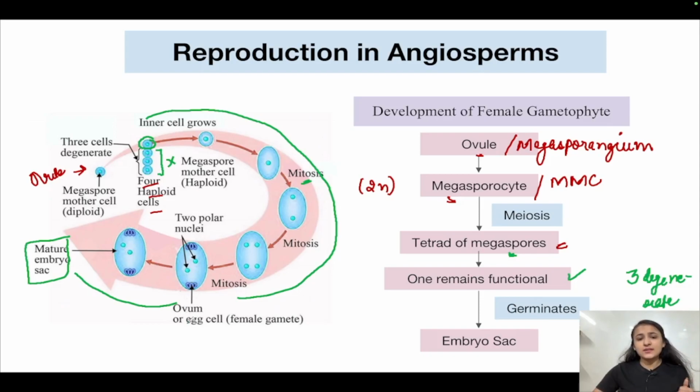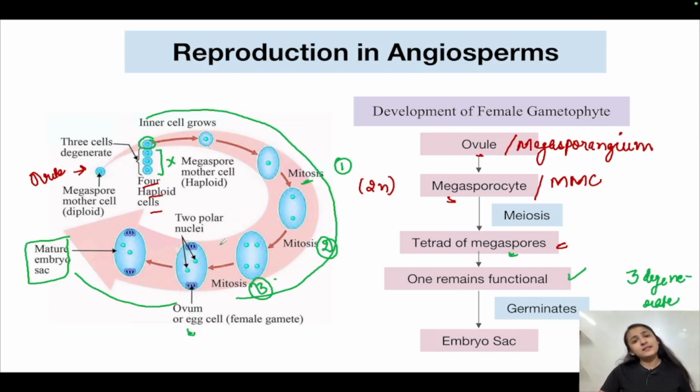The egg cell, or the female gamete, is present inside the mature embryo sac. See how many mitoses are happening: 1, 2, 3. After mitosis 1, 2 nuclei are formed. After mitosis 2, 4 nuclei are formed, and after mitosis 3, 8 nuclei are formed. So 8 nuclei are formed and they are arranged into 7 cells.